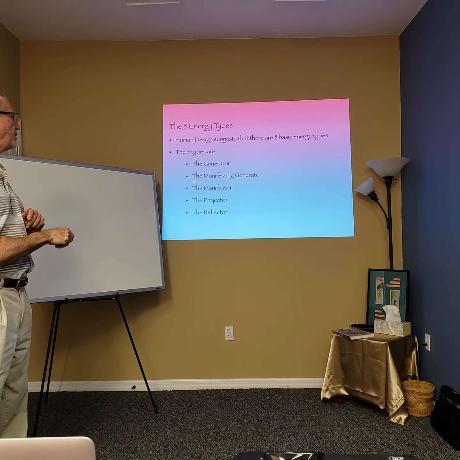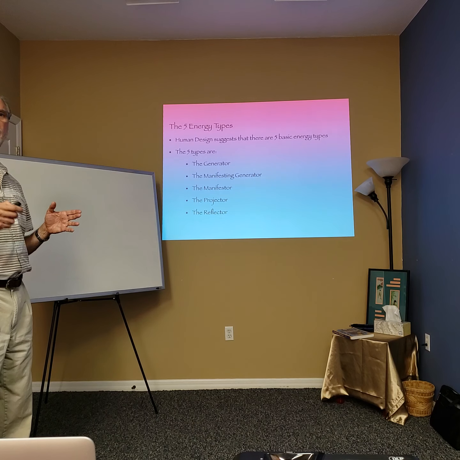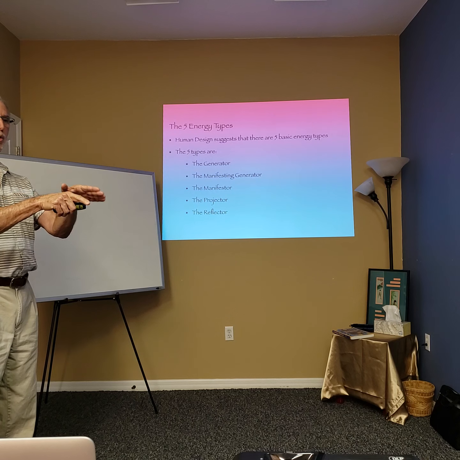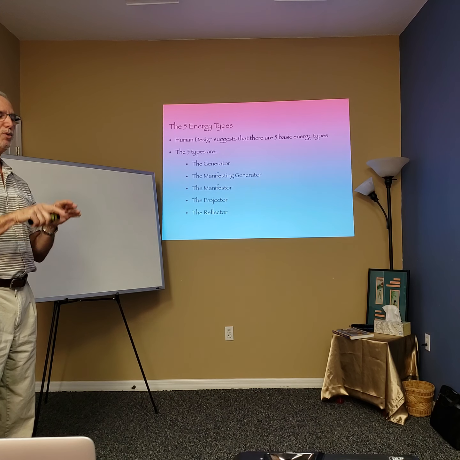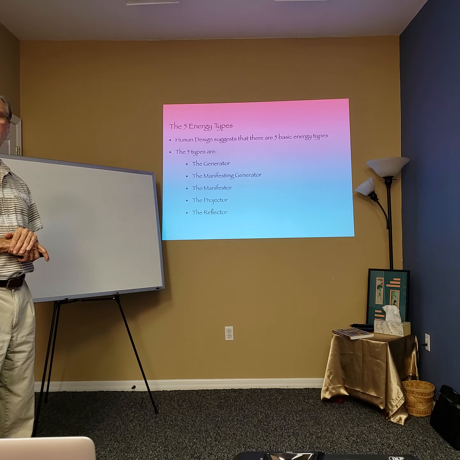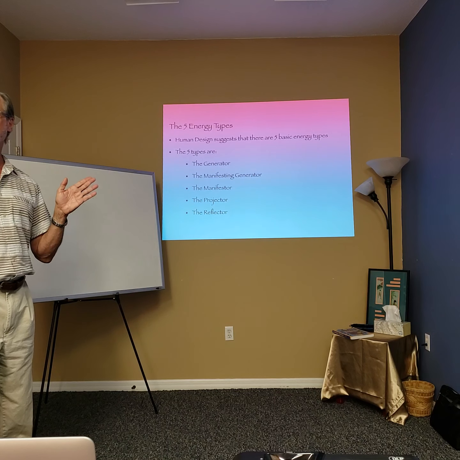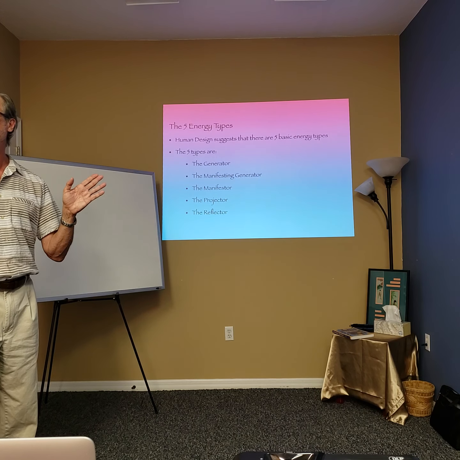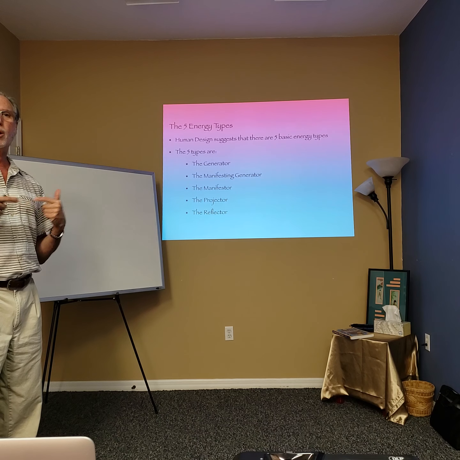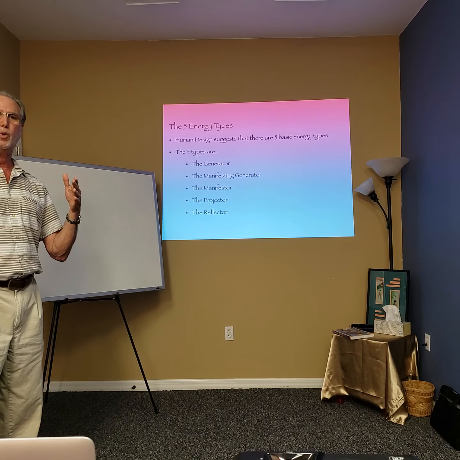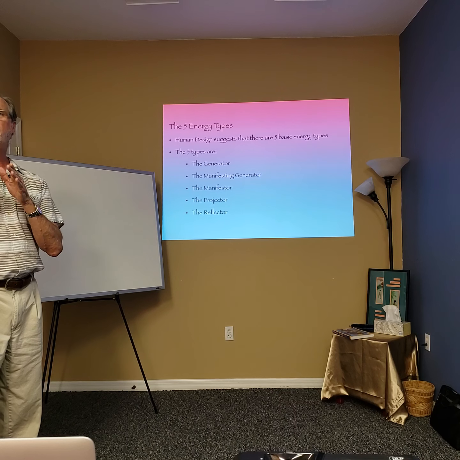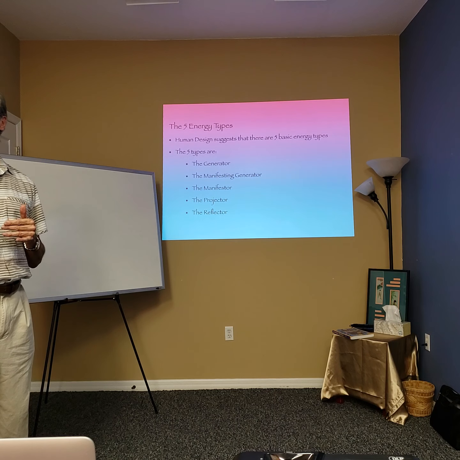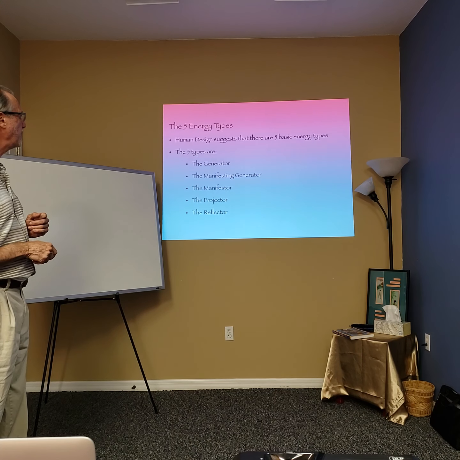Some people who apply this information only deal with 4, and they say everyone's a generator, and the manifesting generator is still a generator, so it doesn't matter. But there are others. I parse it out because I'm an energy worker, so the subtleties of the energy, the differences, are important to me.